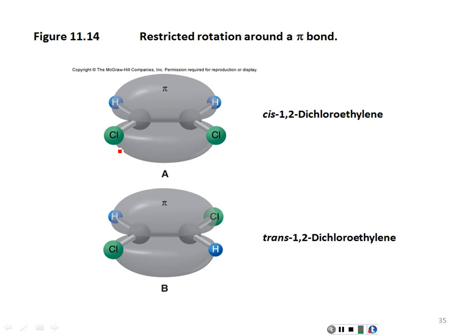So we see that the top molecule and the bottom molecule have the same exact chemical formula, but the way they're arranged is different. On top, the chlorines are on the same side of the molecule. If you want to draw this as a Lewis structure, the chlorines would be on the same side of the molecule, and in the molecule on the bottom, the chlorines are going to be opposite.